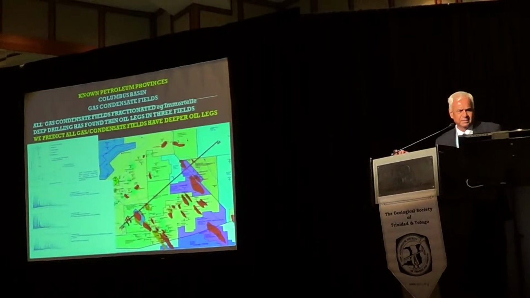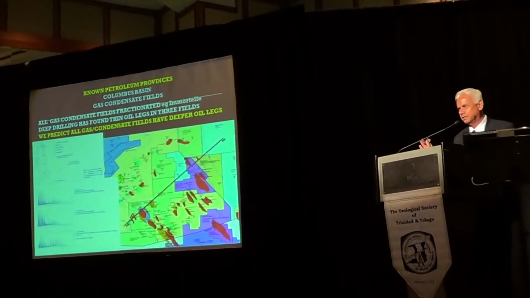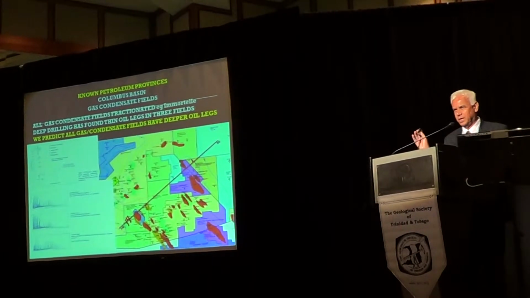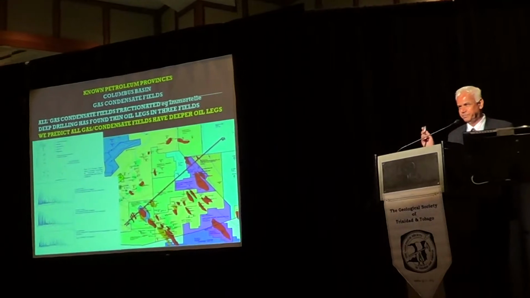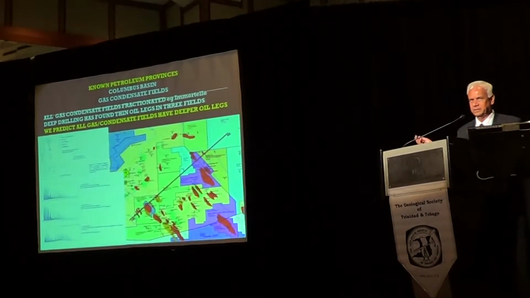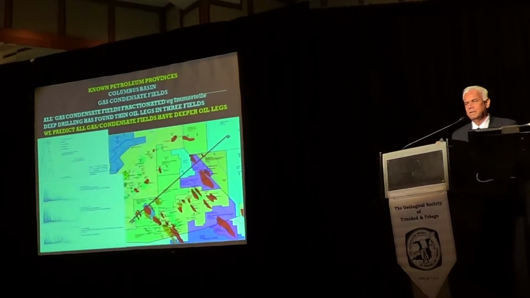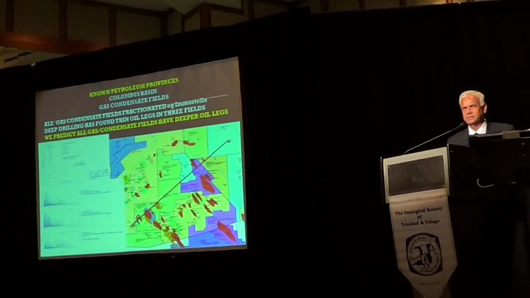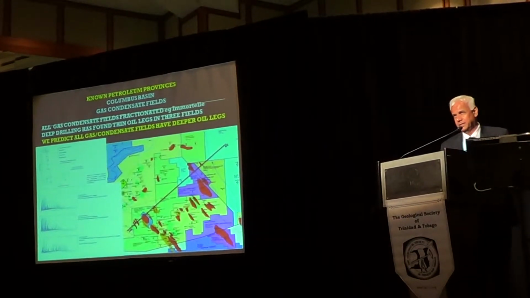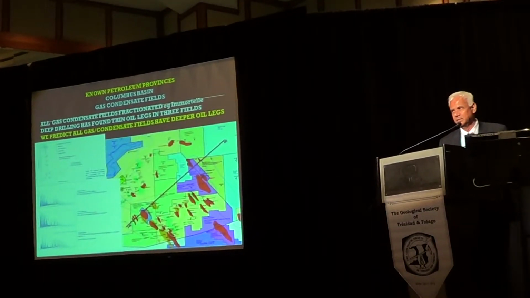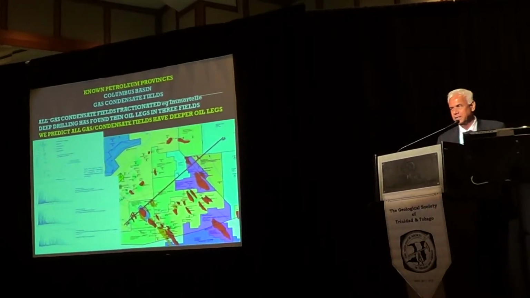Columbus Basin gas condensate fields are all fractionated condensates. And we predicted back in 1989 that before any well went deep into the gas condensate fields, you would find black oil below. I know that there's a mixing, there's terrestrial material, but it does not preclude the presence of oil, and it's going to be there.